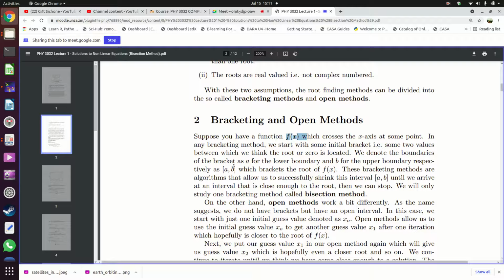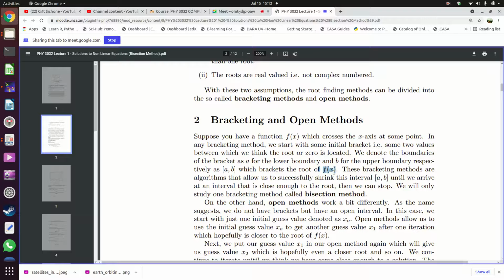So you choose a bracket AB, where A is the lower end of the bracket and B is the upper end of the bracket. As you choose this bracket, you make sure that this function f of x actually has an answer inside this bracket. It crosses the x-axis within this bracket you have chosen.